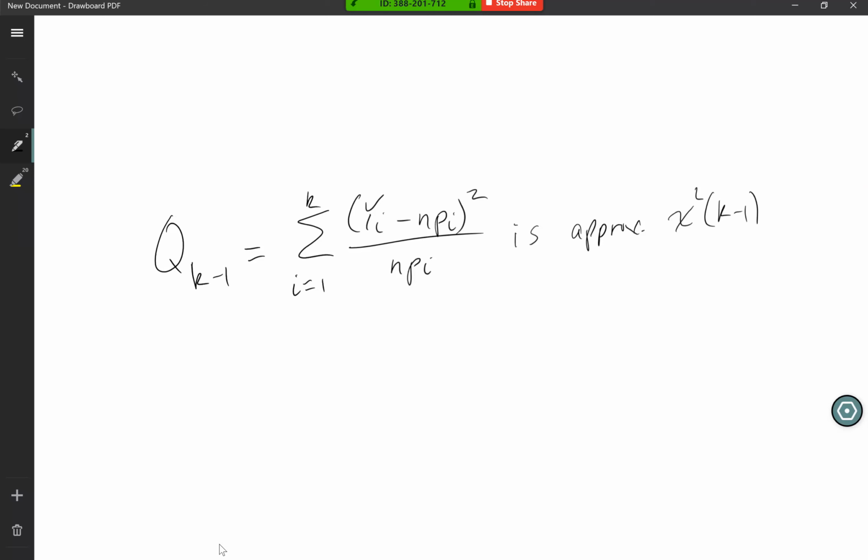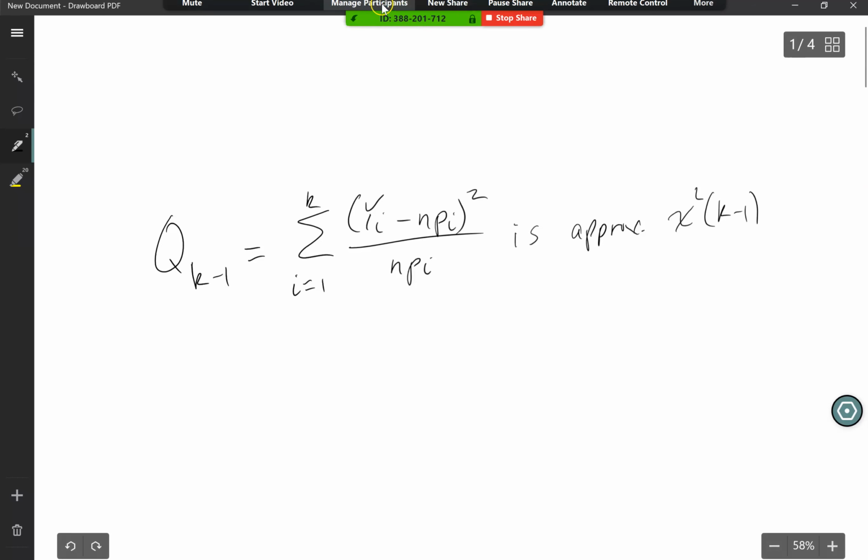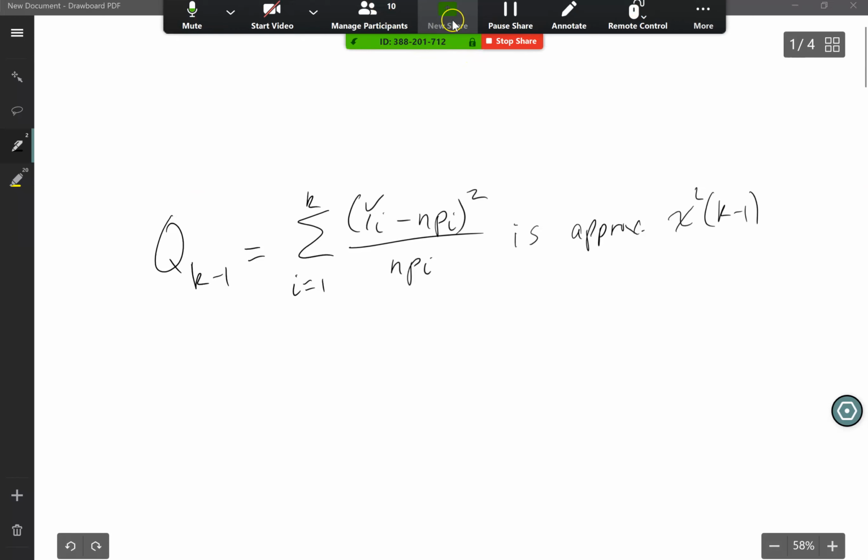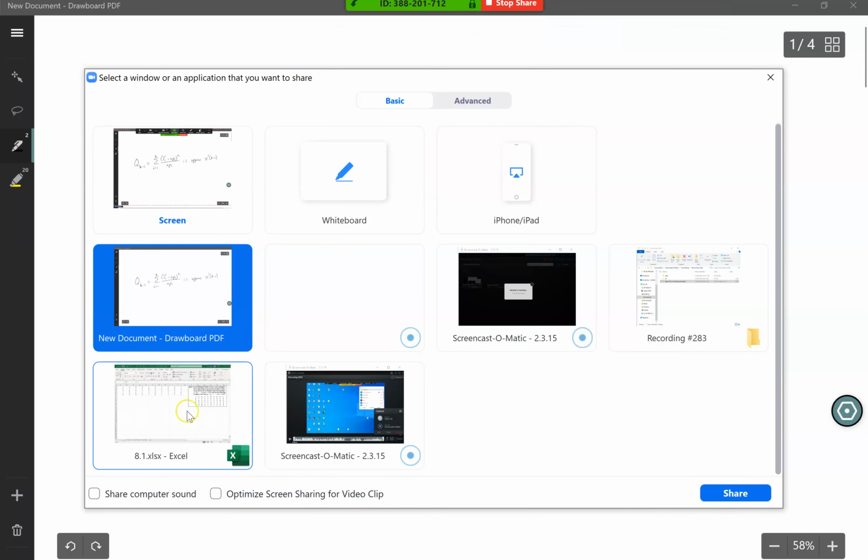It's completely dependent on how you divided things up into the other k minus 1 categories. So that's why you lose a degree of freedom here, even though you're summing what looks like k things that remind you of chi-squared ideas. Okay. So I just wanted to mention that before we go off into Excel. So let me see if I can share the Excel sheet. Yeah, absolutely.